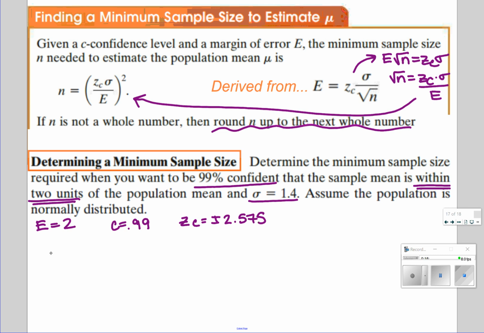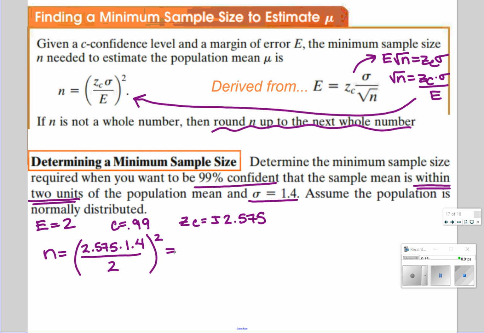So if I want to solve for n, the sample size needed to have that margin of error with that level of confidence, it's my critical value Z. Again, we're going to only use the positive one, times my standard deviation 1.4, divided by my E, which is 2, and then don't forget to square it at the end.